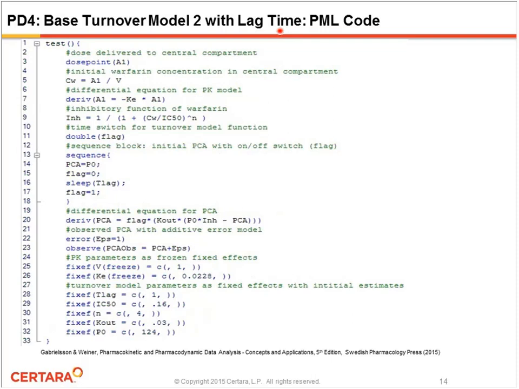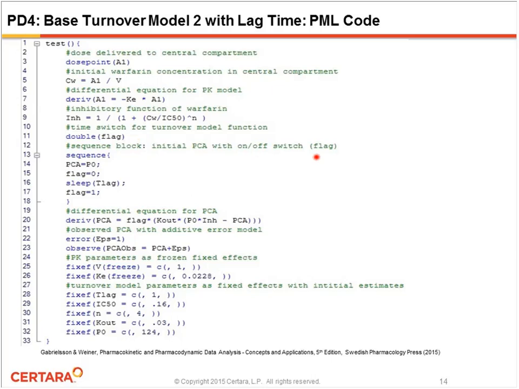Okay, so the warfarin PK and the inhibitory function are the same as in the previous slide. To add a time lag to the model, we'll declare a double precision variable named flag. And this is a time switch for the turnover model function. Okay. Next, we have a sequence block where we have initial PCA with the on and off switch, which is the flag variable.